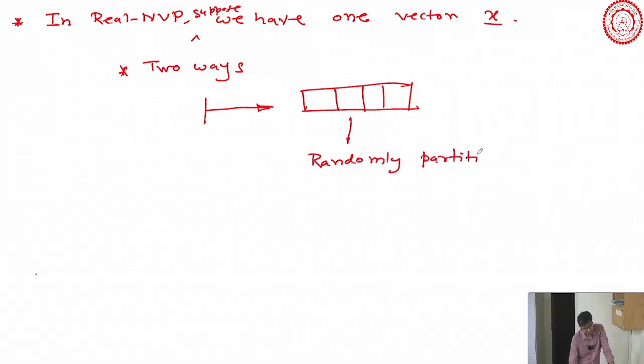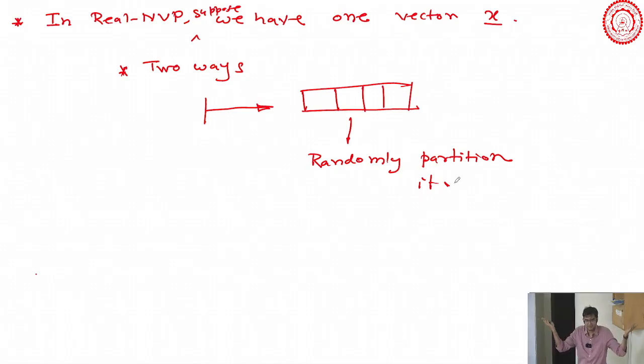So you have a vector, you take it and randomly partition it into two parts. And then one part will be x1, the other part will be x2. I mean, the easiest possible solution you can think of, right?